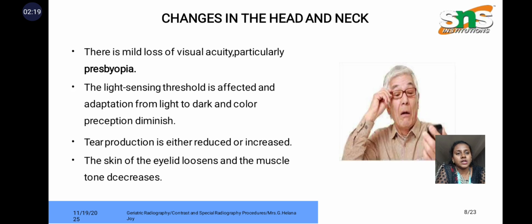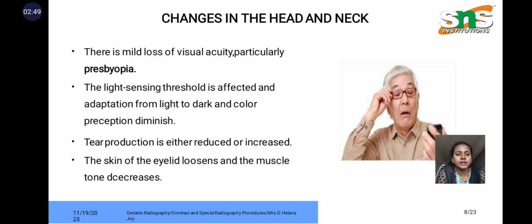Some changes also occur in the head and neck. There is a mild loss of visual acuity, which is known as presbyopia. The light sensing threshold is affected, and the patient's perception diminishes from light to dark color. Tear production is either reduced or increased.